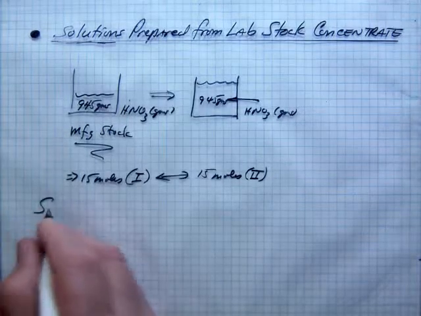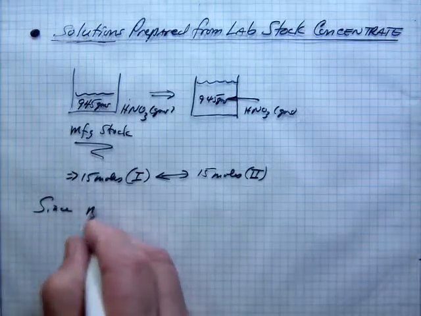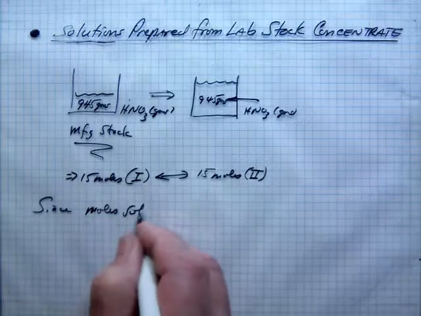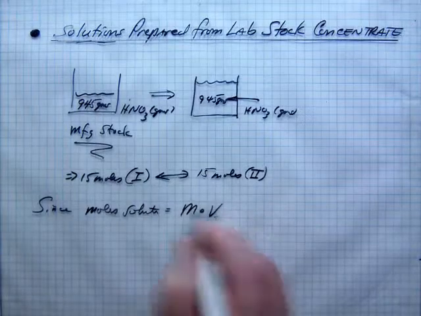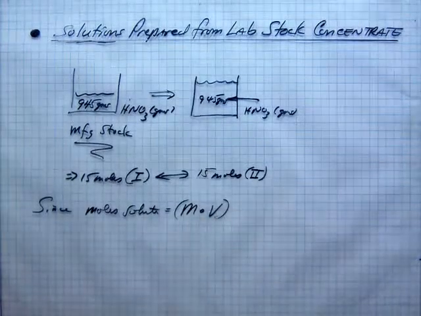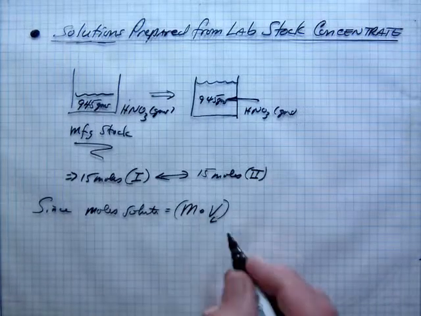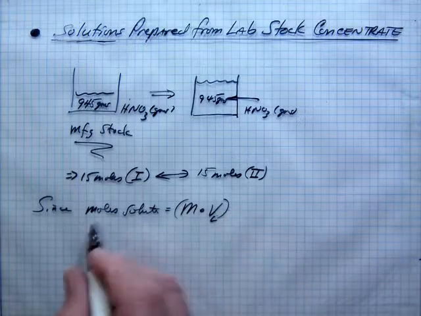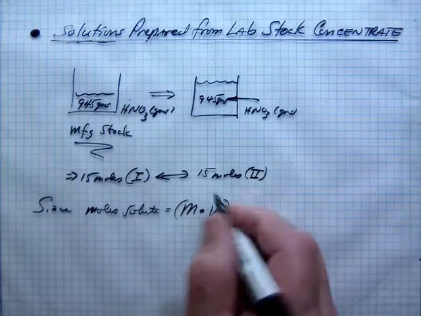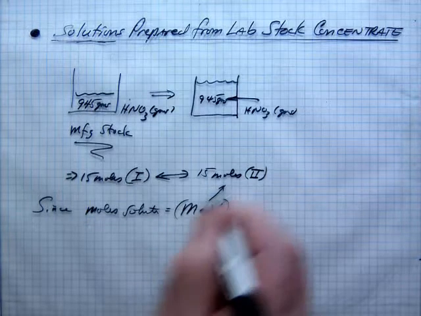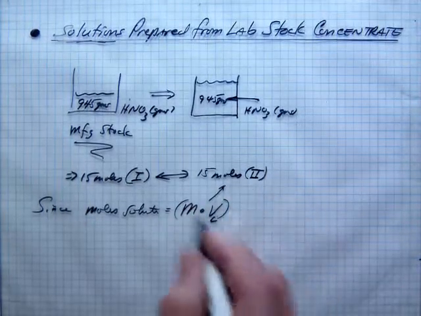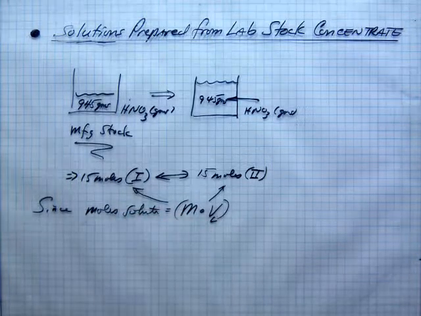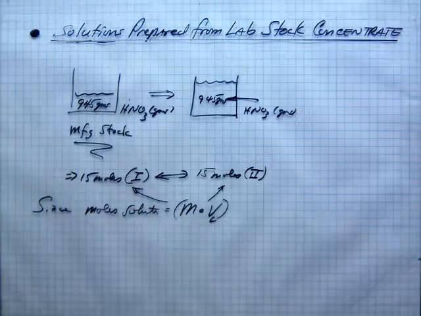Now, since moles of solute equals molarity times volume, and you can leave it in milliliters, though primarily in liters, that's all right. Moles equals molarity times volume, so I can take molarity times volume of the diluted sample and set it equal to the molarity times volume of the concentrate.